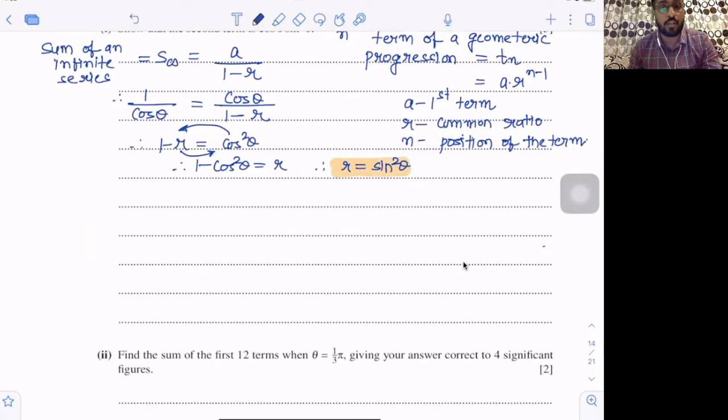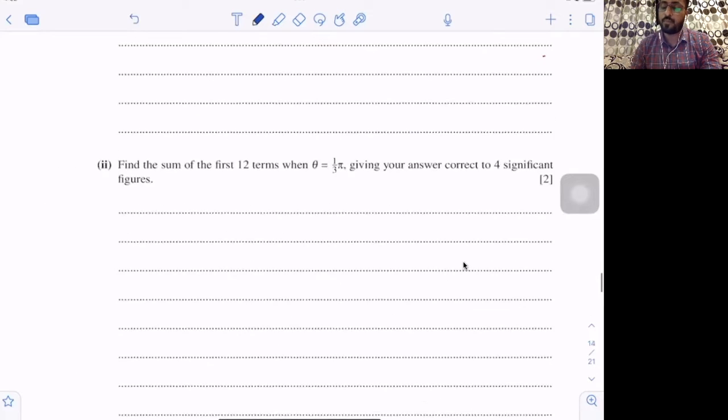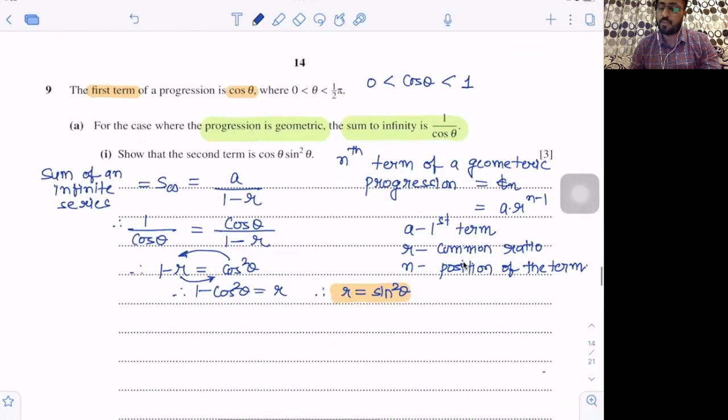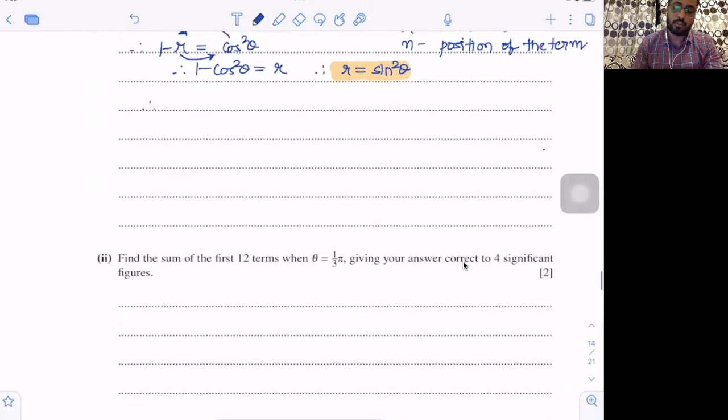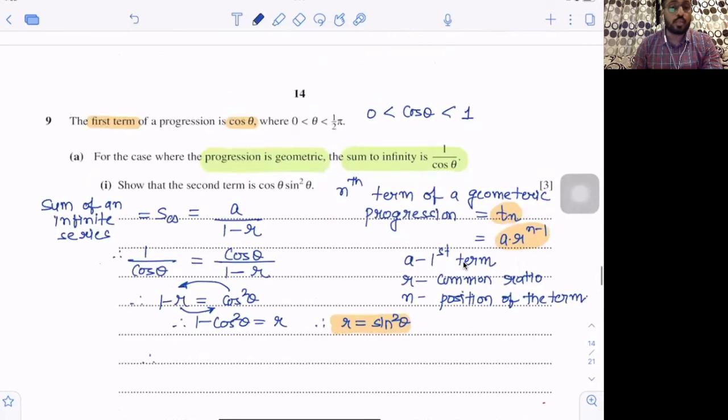Now I have the value of r. I know the value of a. I can get any term, right? So the nth term, if you remember, is given by what formula? The nth term is given by a r raised to n minus 1. Therefore, the question says, show that the second term.